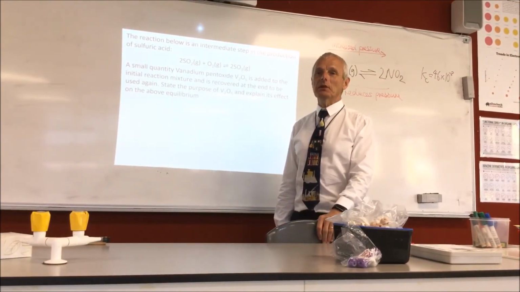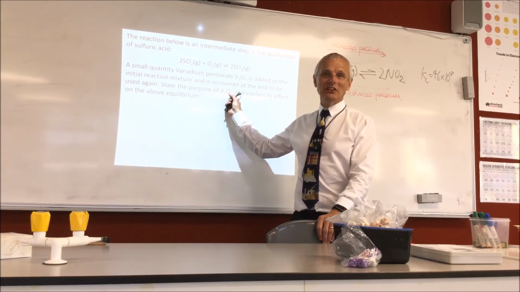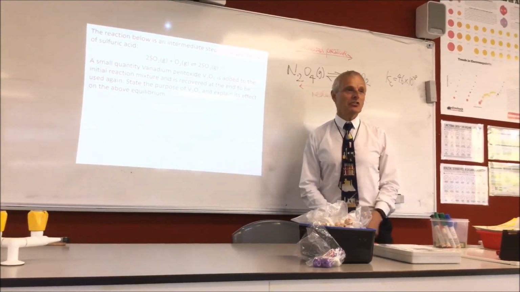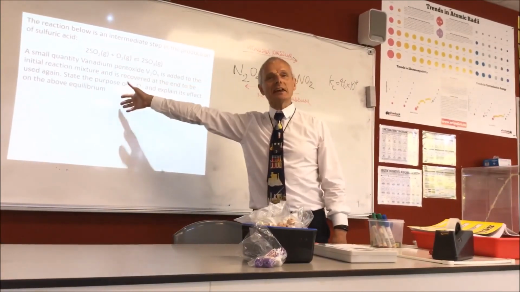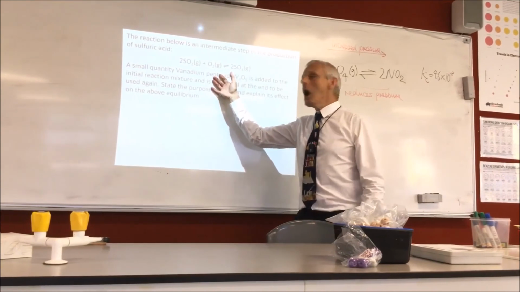Right. You don't have to copy the question down, but we haven't done one of these. Try it. So what is it we're trying to do here? A catalyst. What's the effect of a catalyst on a system that's in equilibrium? None.